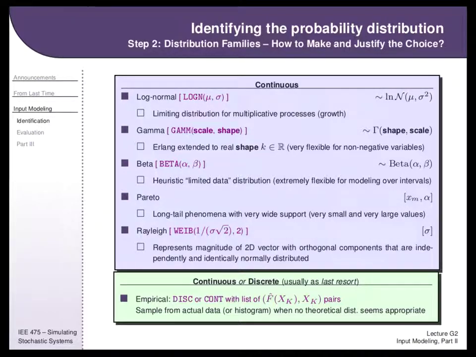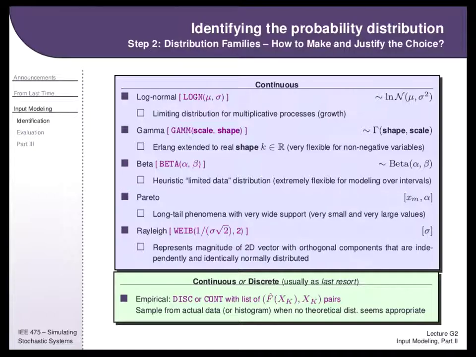You might have collected 1,000 data points, and it would be crazy to put 2,000 arguments, 2 per data point, inside a single CONT in Arena. But in the Input Analyzer, you might take those 1,000 data points and turn them into a histogram with 10 bins. Then the frequencies corresponding to each of those 10 bins are something you can put inside here.